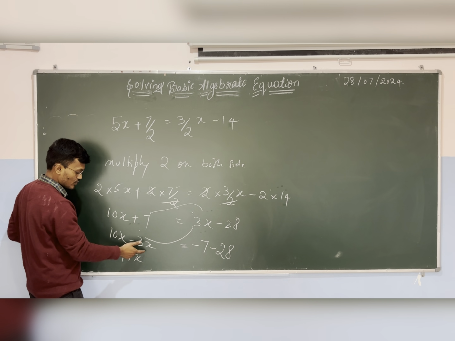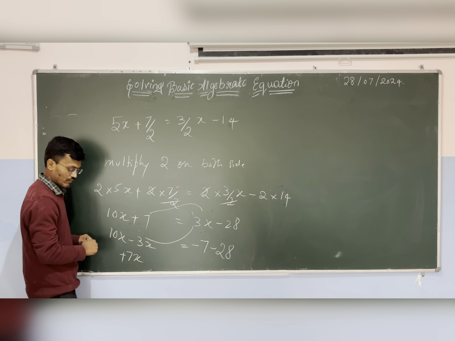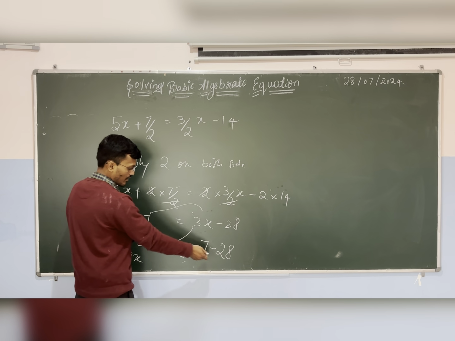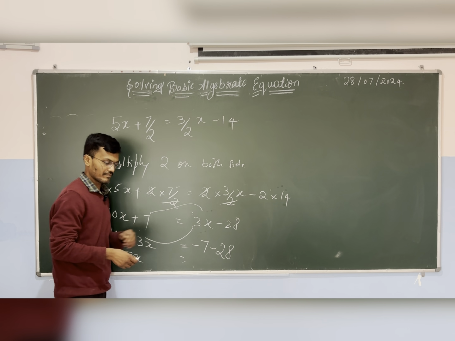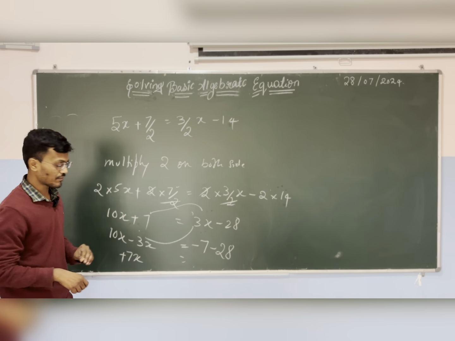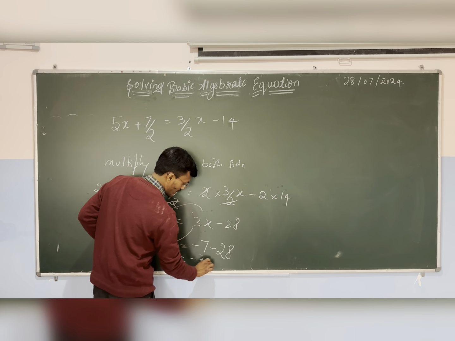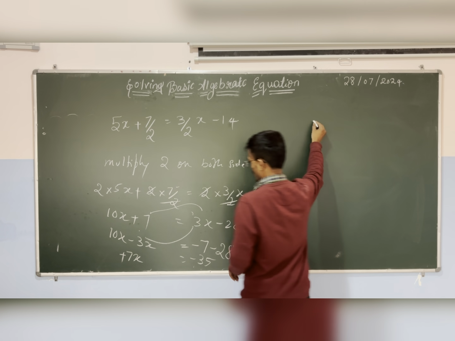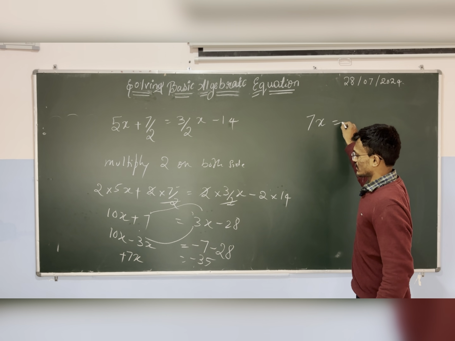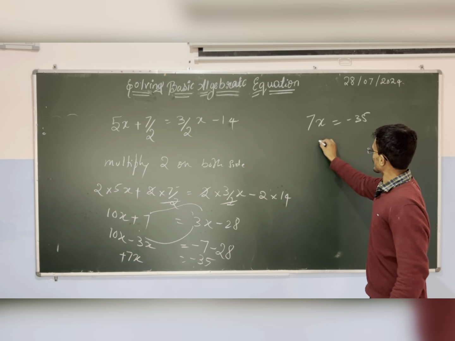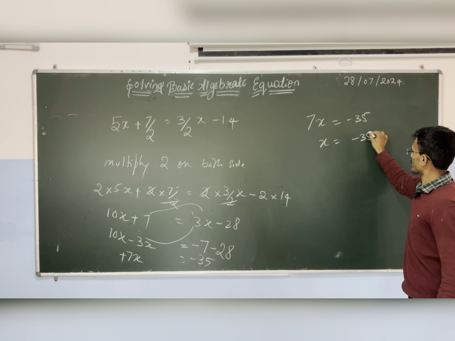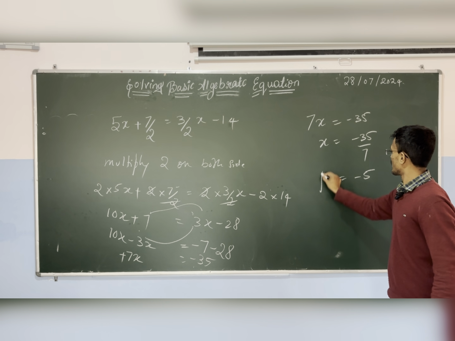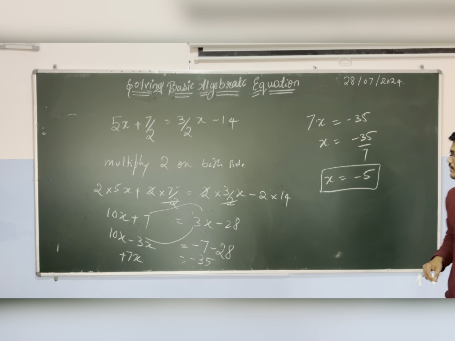Because in these two terms the 10 is greater. For that reason we need to write a plus. So on the other side, minus 7 and minus 28 becomes minus 35. So write it as it is, 7x equals minus 35. So x is equal to minus 35 divided by 7. So x is equal to minus 5.